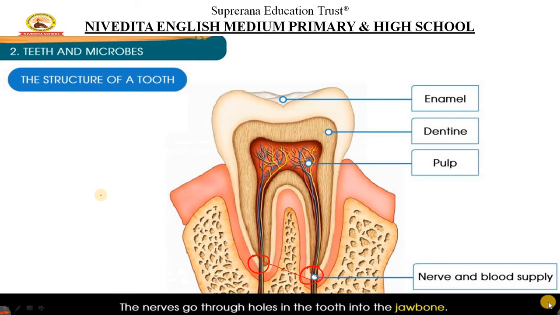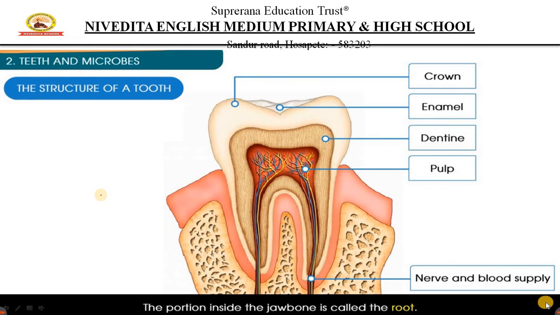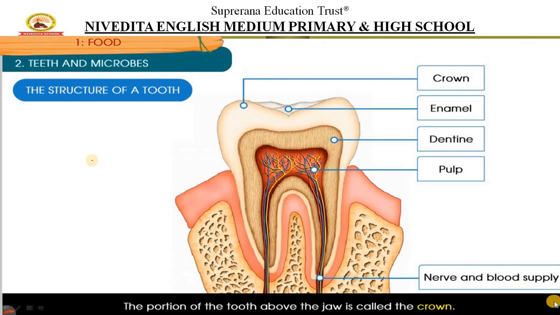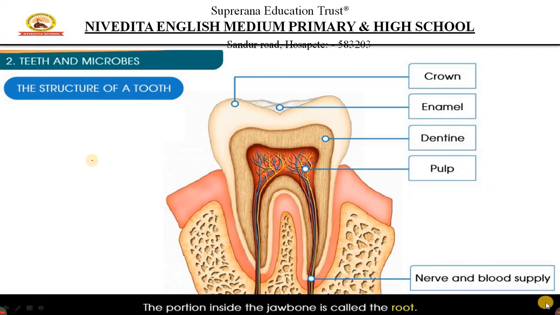And the portion inside the jawbone, from here down, you can imagine this. This is the root, children. The portion of the tooth above is called the crown, whereas the portion inside the jawbone is called the root.